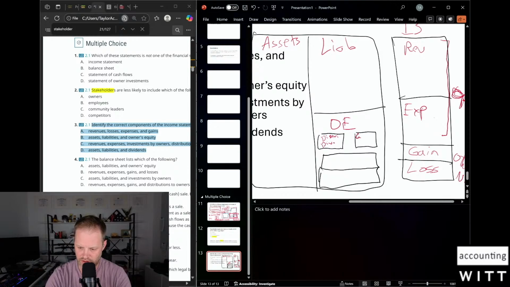And these are contributions or common stock. I'll just say stock. And then I'm going to call this retained earnings and net income.